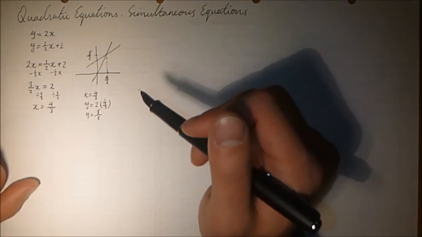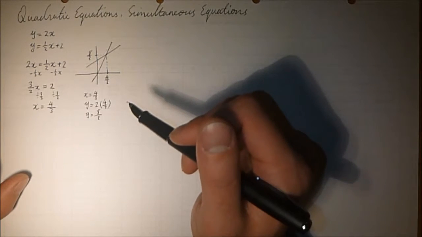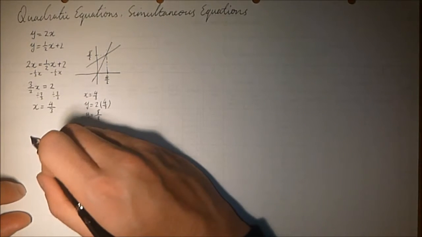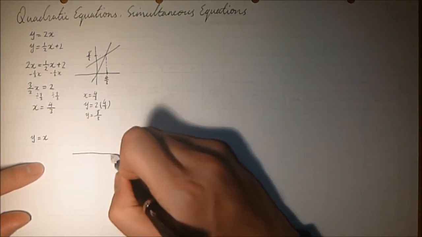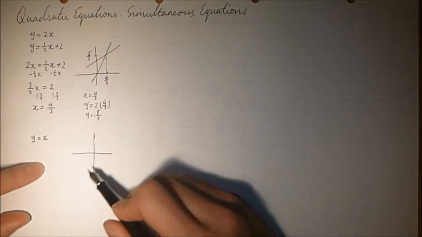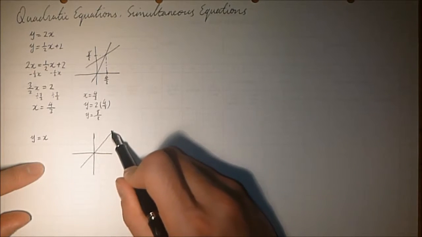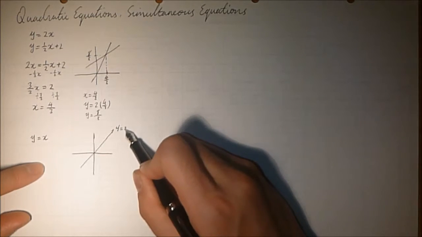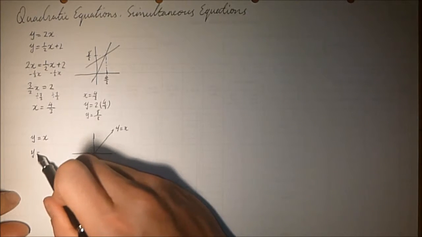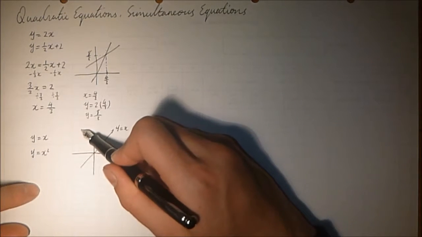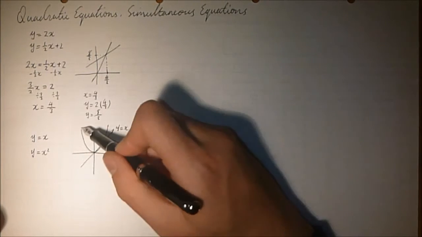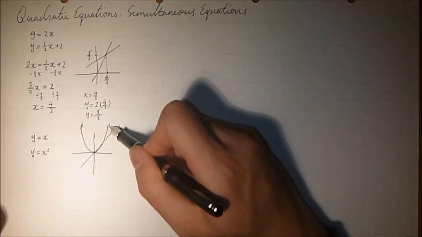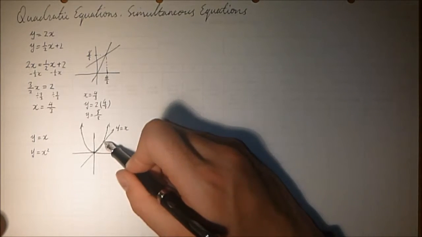So let's have the simplest example of a straight line and a parabola. y equals x, which looks something like this, and y equals x squared, which looks like this. So just by looking at the diagram here, we can see that there are two intercepts. The intercept here and here.